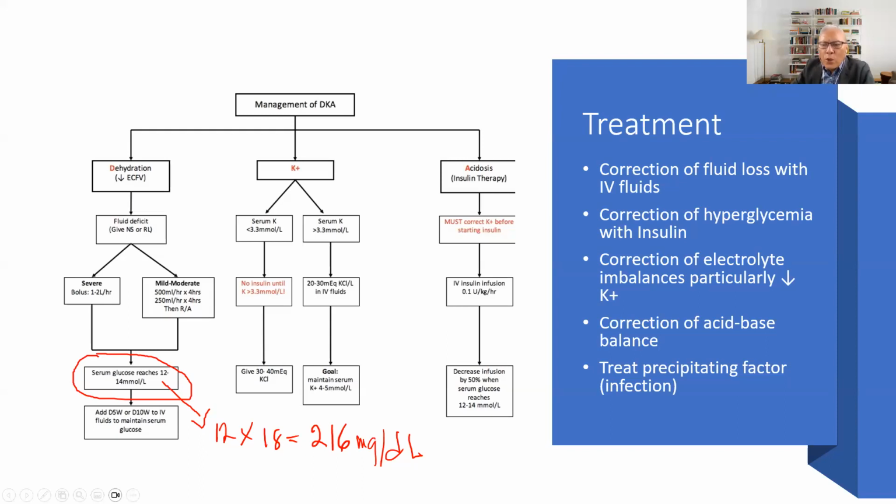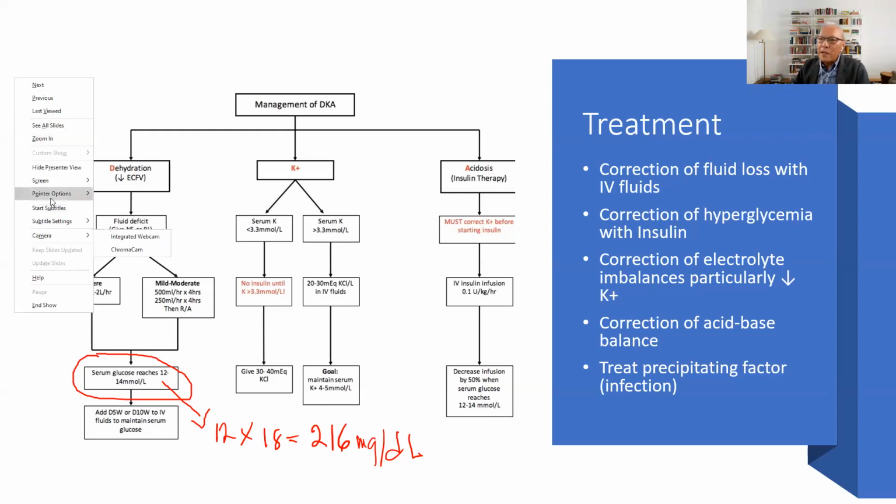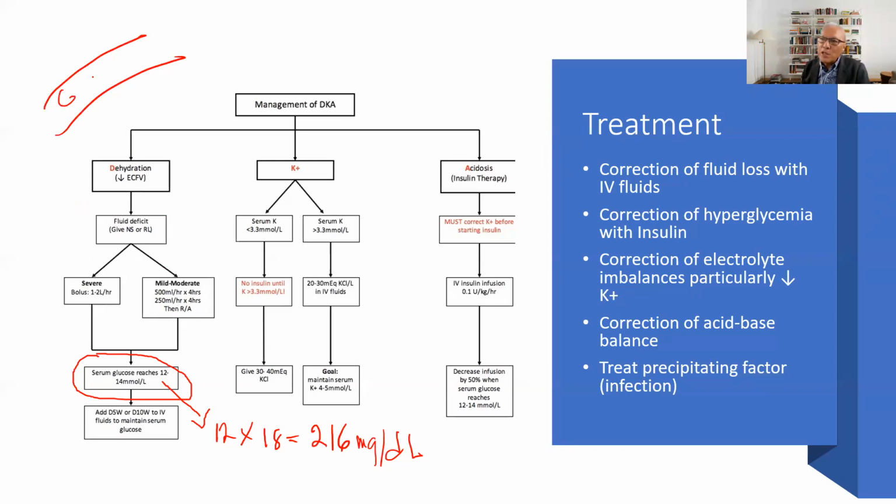Okay, so as we correct, when your body has a lot of sugar, your blood vessels have a lot of sugar, your vascular bed, and you give now a lot of fluids, what happens to your blood sugar? So there's a lot of glucose over here. You give a lot of fluids, it's going to decrease, right?